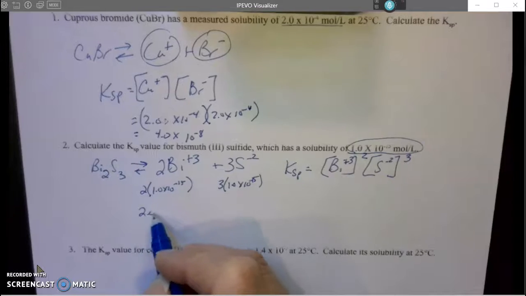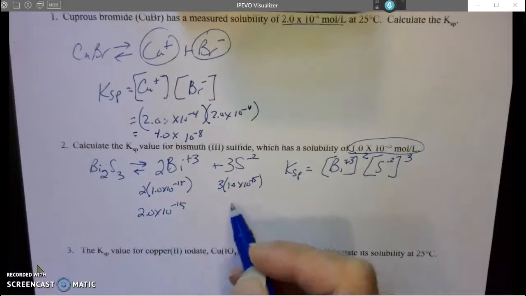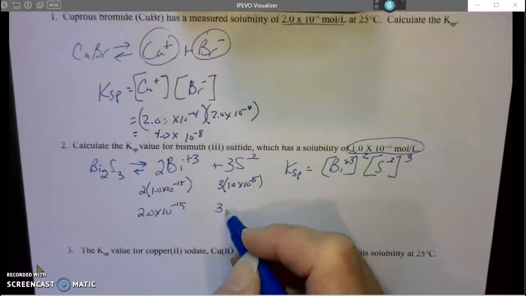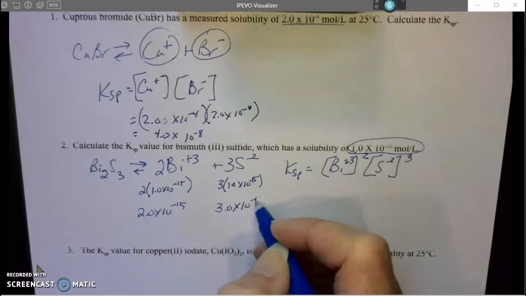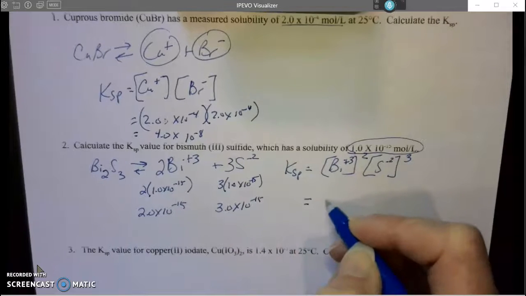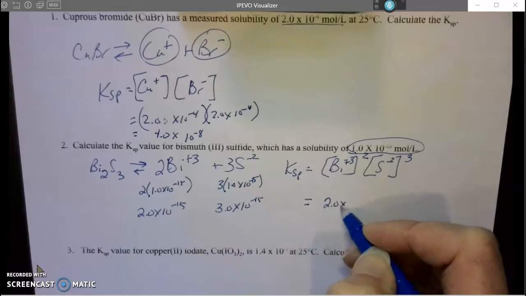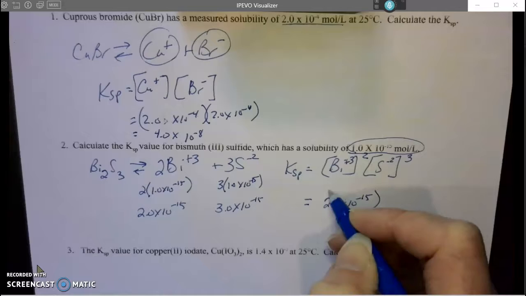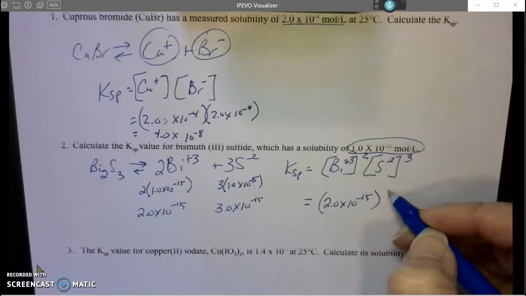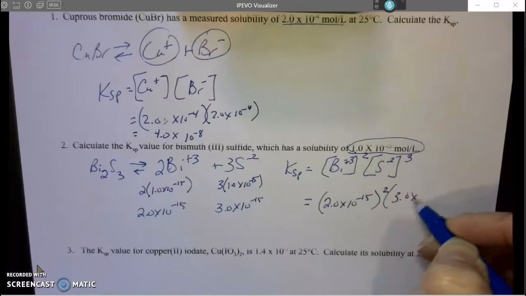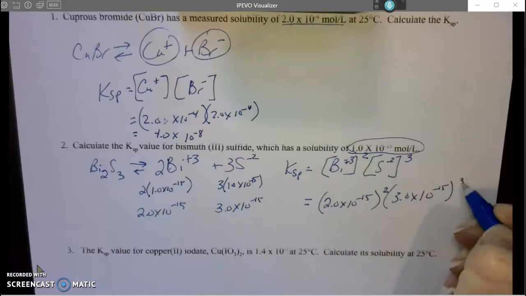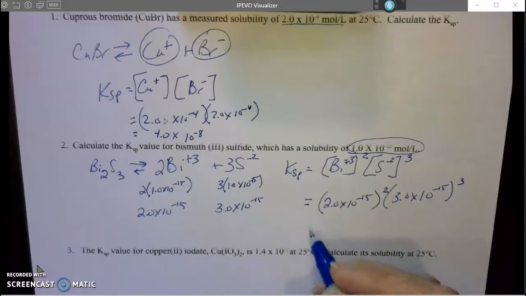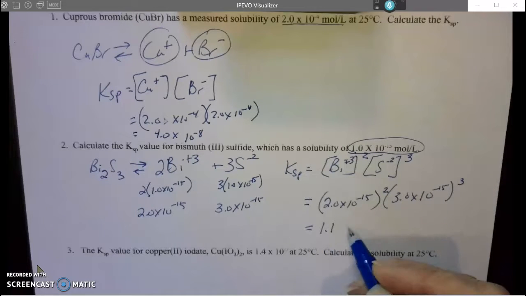So this would be 2.0 times 10 to the negative 15th, and this is 3.0 times 10 to the negative 15th. So I'm going to substitute those into my formula. You need to match your ions carefully. So this is going to be squared, and then the 3.0 times 10 to the negative 15th is going to be cubed.